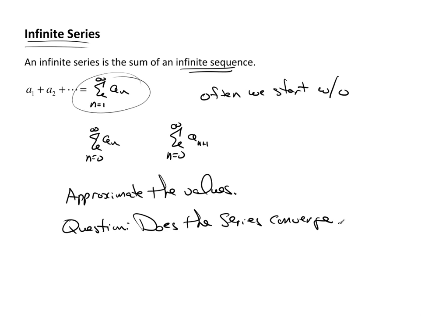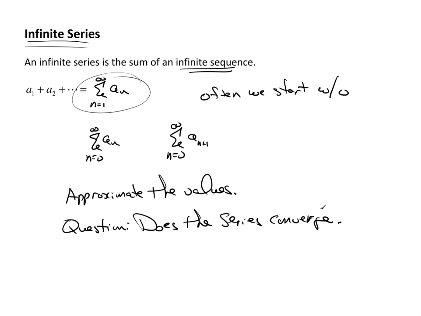Depending on what our work is, our actual interest in what it converges to may be nil. We may not actually care what it converges to. The mere fact that we know it converges may be extremely important, or vice versa, the mere fact that we know that it diverges may be extremely important.